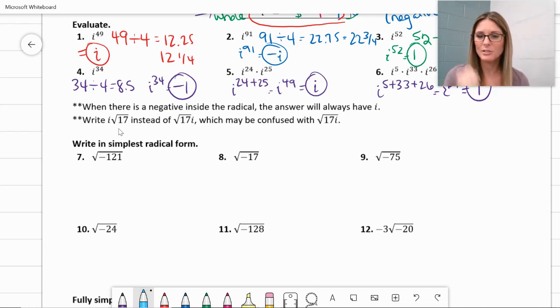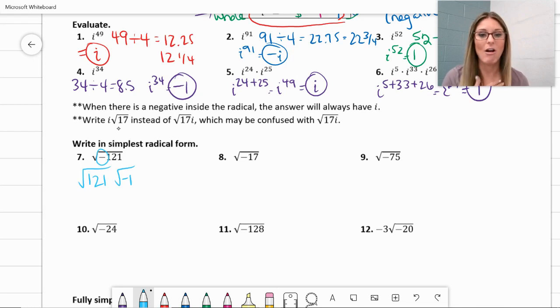Ready? Number 7, the square root of -121. I got your back. We're starting slow. We're starting easy. Here we go. So the problem is, just like our example at the top, the problem is that pesky negative. So let me rewrite it as a positive 121 times a -1.